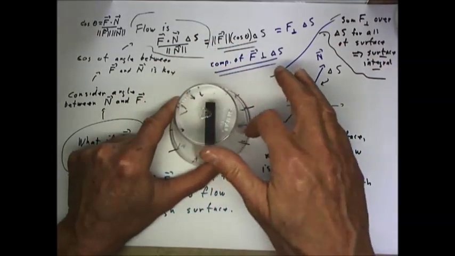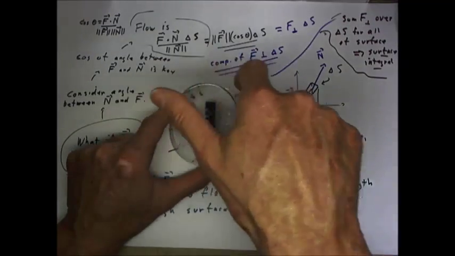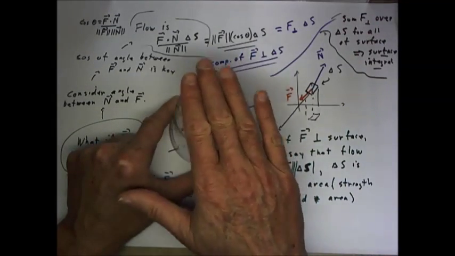In this case, we would probably set up two surface integrals, one for the conic region, one for the plane region.